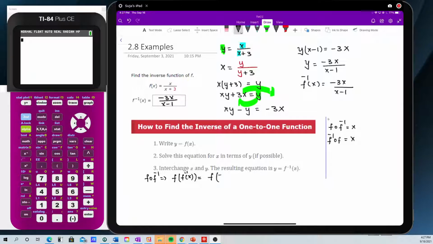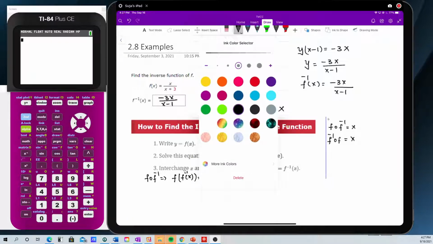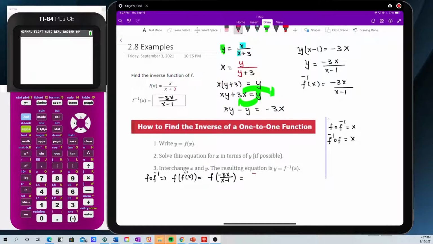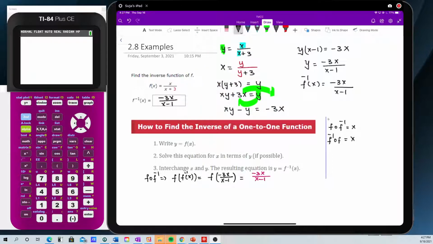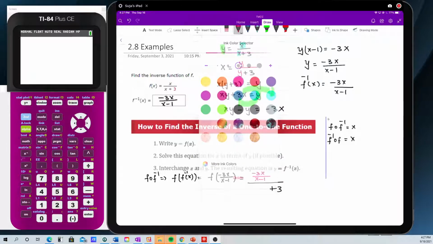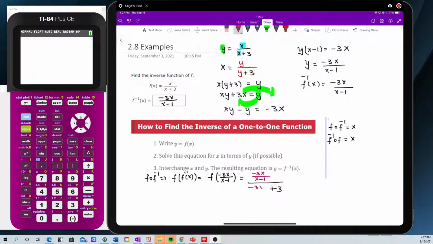So the inverse function is negative 3x over x minus 1. I'm going to put that in the function. So the numerator is going to be negative 3x over x minus 1, divided by negative 3x over x minus 1 plus 3.